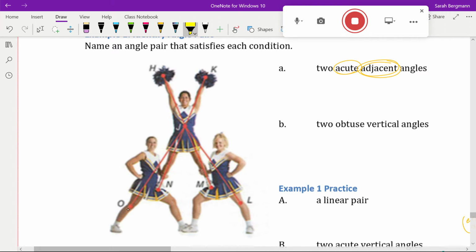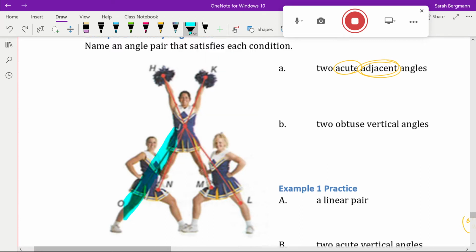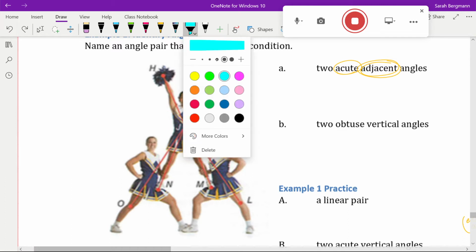So the angles that stand out to me, let me change my highlighter color here, would be these two angles. Angle OJN, that's very clearly an acute angle, and angle NJM. That's also clearly an acute angle.